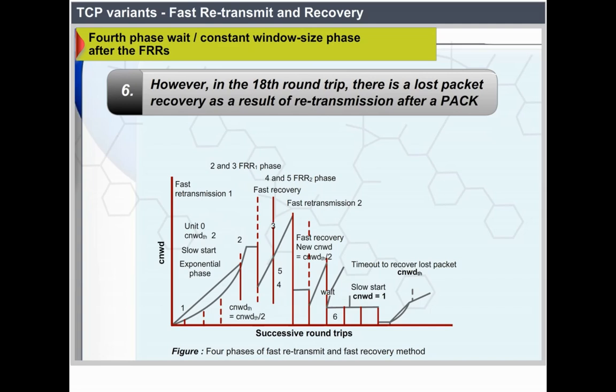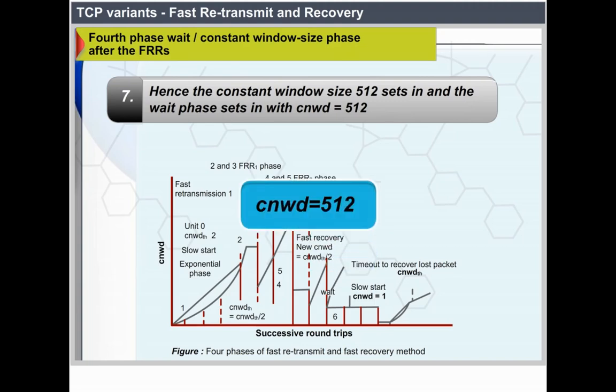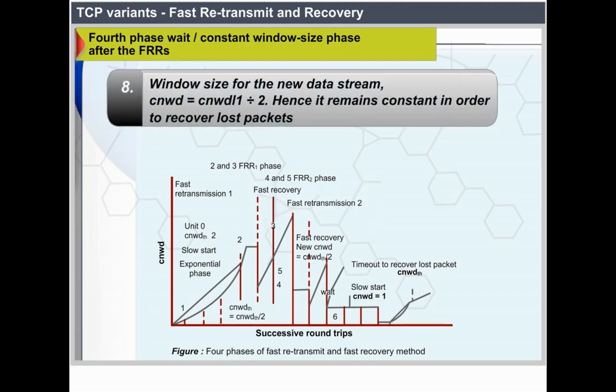However, in the 18th round trip, there is a lost packet recovery as a result of retransmission after a pack. Hence, the constant window size 512 sets in and the wait phase sets in with CNWD equal to 512. Window size for the new data stream CNWD is equal to CNWD1 divided by 2.